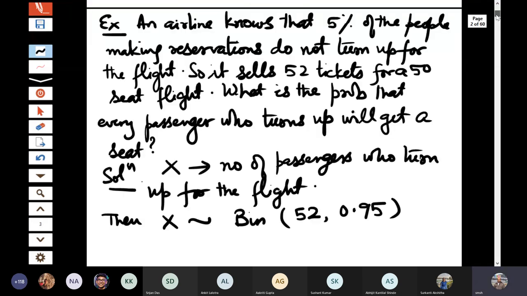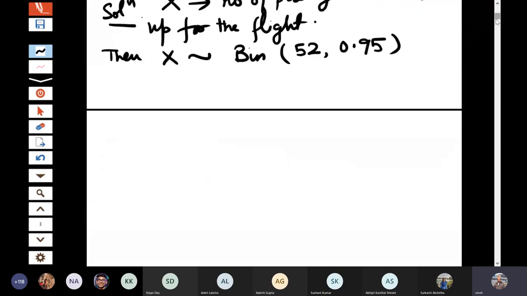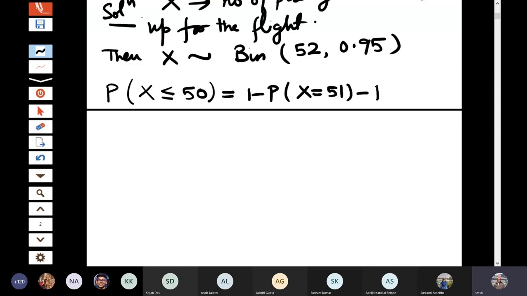So what is required? That he gets the seat. So that means we are asking what is the probability that the number of persons who turn up is less than or equal to 50. So this is becoming an application of a binomial distribution straightforwardly. So this is equal to 1 minus probability X is equal to 51 and X is equal to 52. So we will put it in 1 minus form so that the calculations are simple.